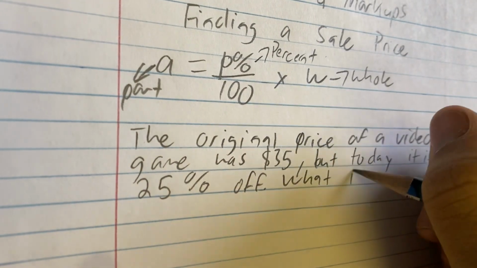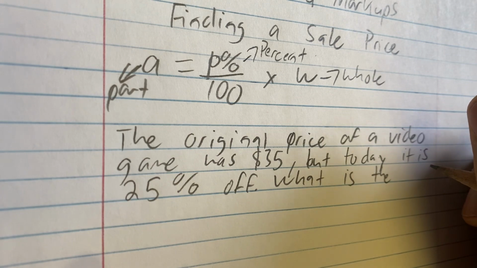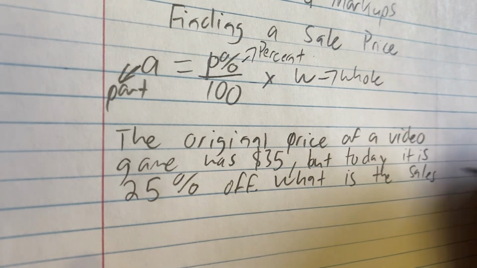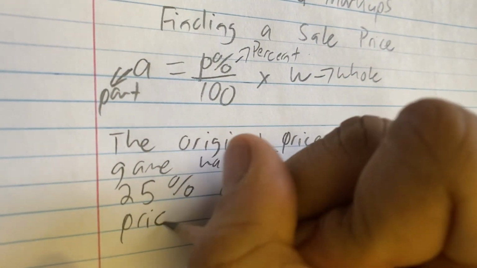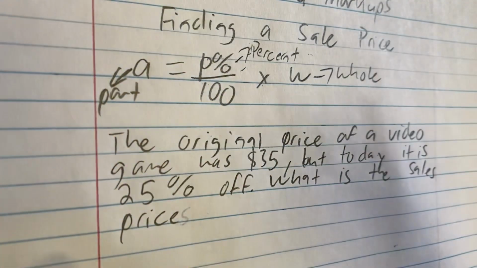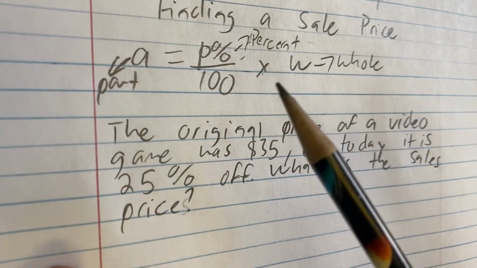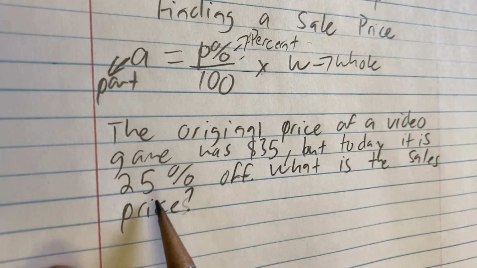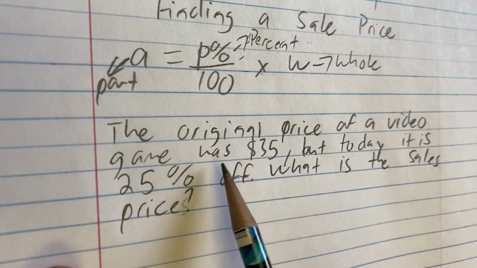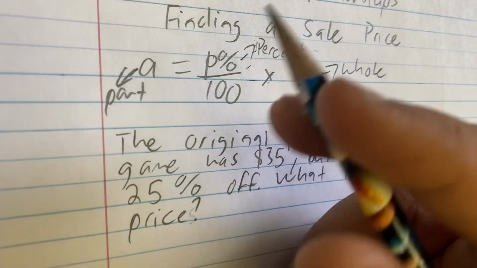What is the sales price? You might be asking, what is the part? We have the percent, 25, and the whole, 35, but what is the part? So first, I'm going to put everything together.